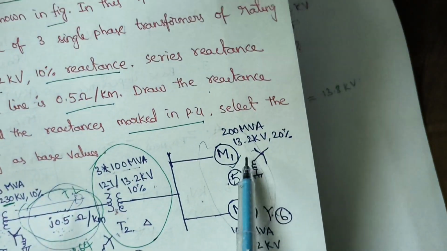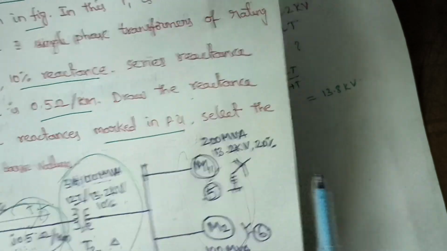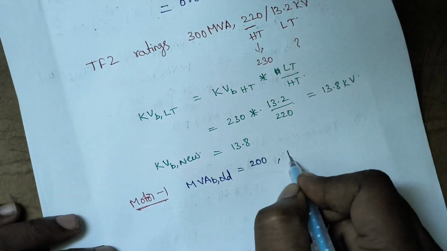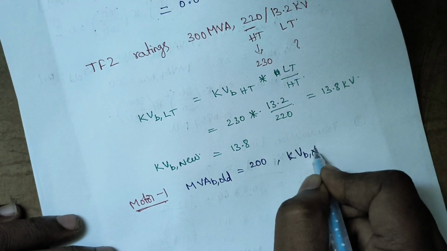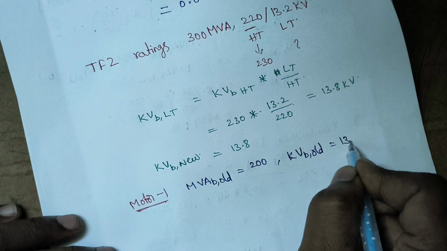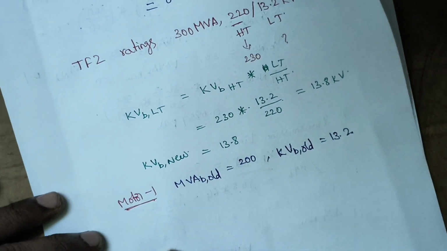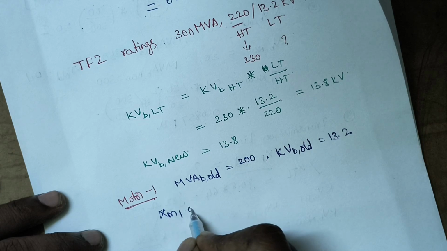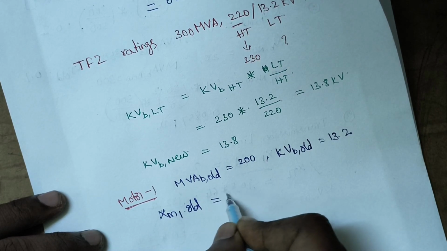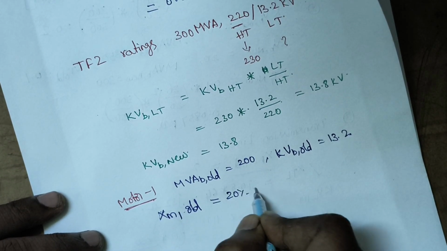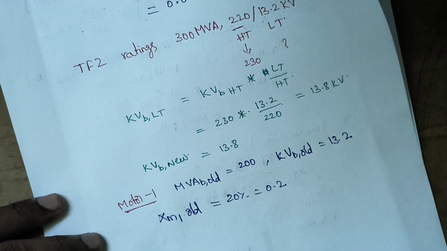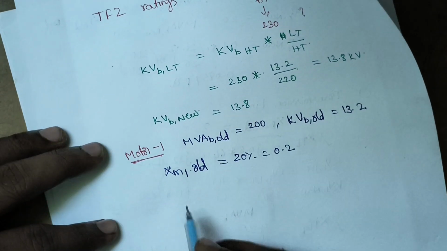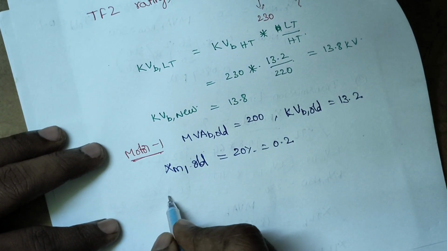That means these values, 200, comma KVB old is equal to 13.2 and XM1 old is equal to 20%, or I can also say 0.2. Okay, then what is the MVA new value?